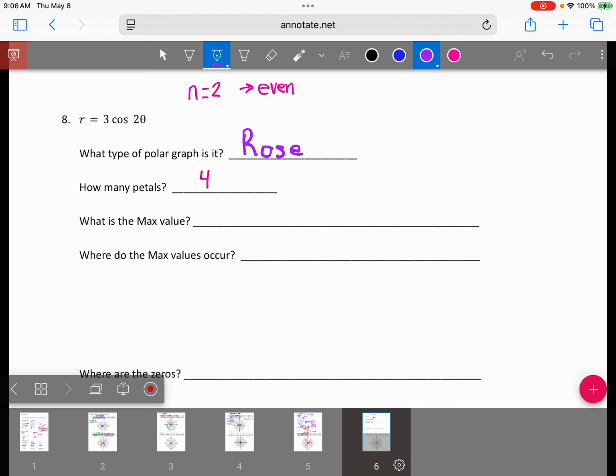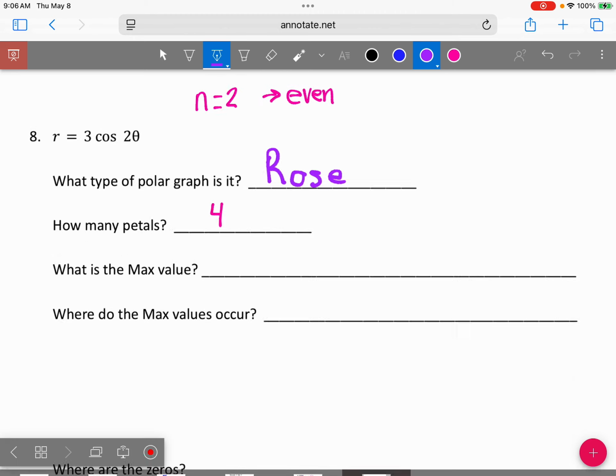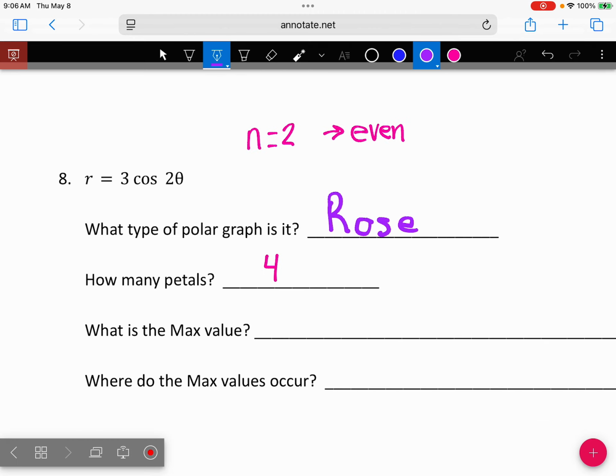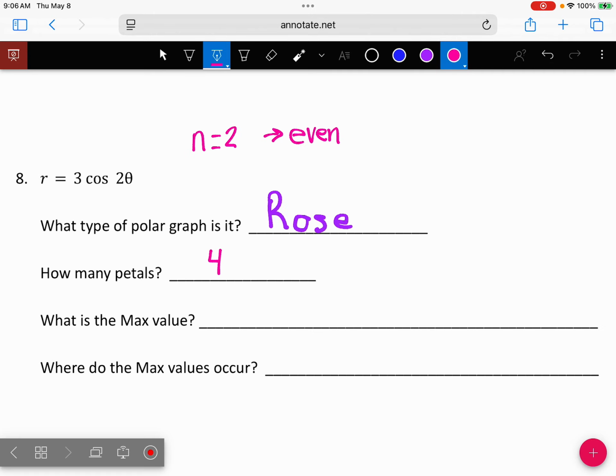So we're going to have 4 petals because our N is 2. So we also know, because of this, our period length, we are going to do the whole way up to 2 pi. So you could come here and just straight up plug, chug, go all the way from 0 to 2 pi. Every angle in between, plug them all in. It's good practice for us to try the other way, though.